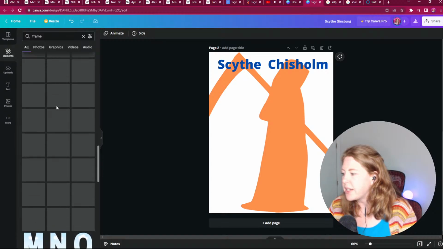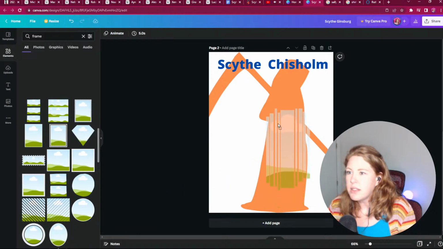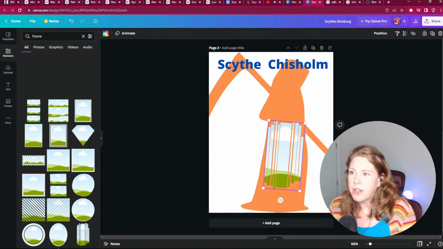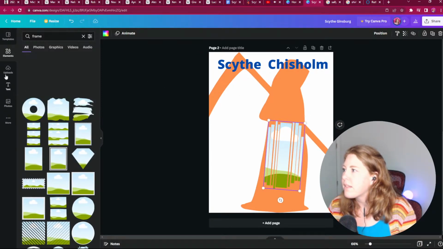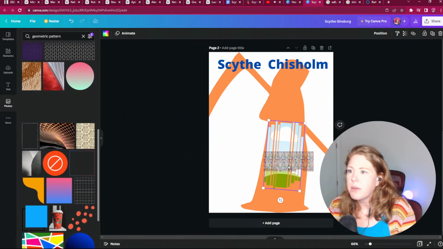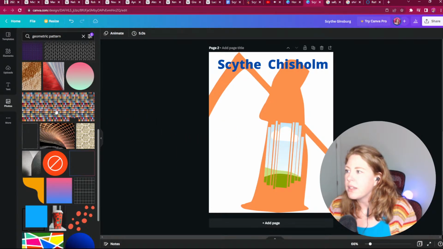I know this looks weird right now, but I promise I have a reason for what I'm doing. Okay, let's do this. Just take it down a little bit. Like I said, I know this looks weird, but I'm gonna do the pattern on it. Photos. I wanna do this pattern. Go in there, please. You're not gonna go in there. Okay.